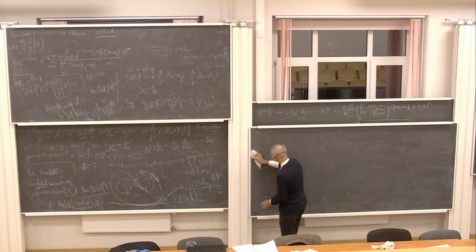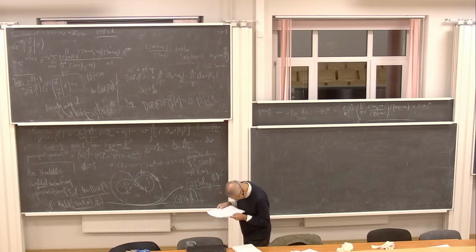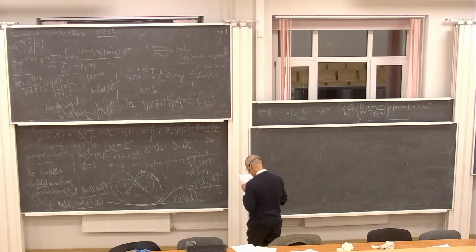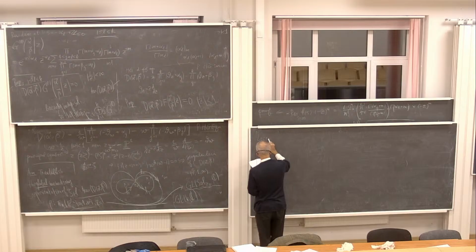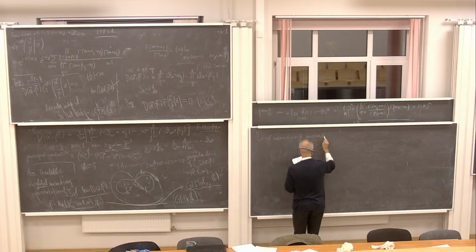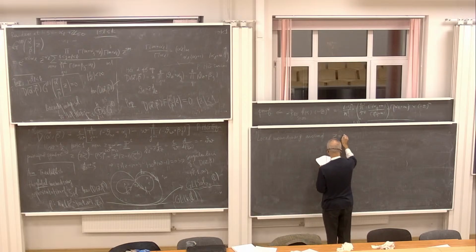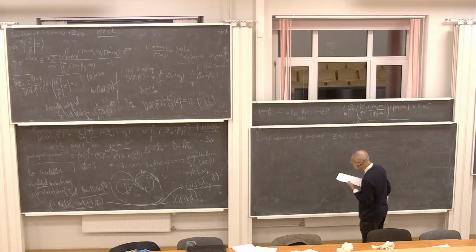So local monodromy. Monodromy around these three, there are three, and the result.